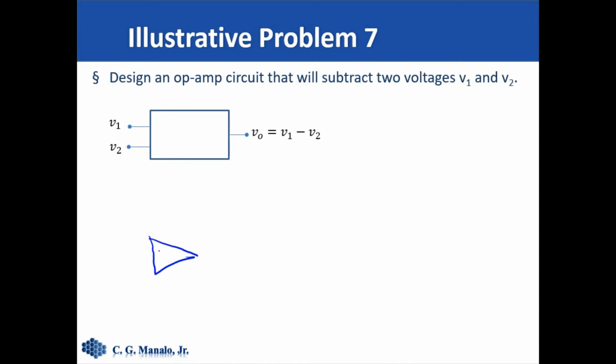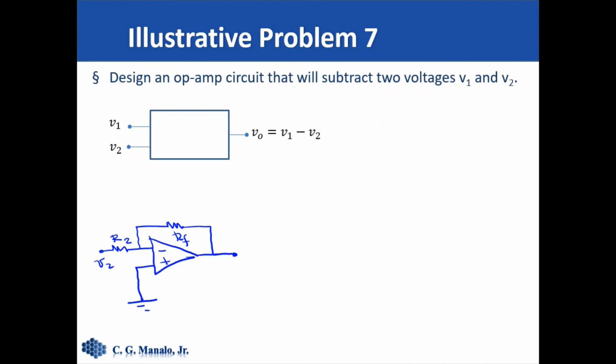So this is negative, plus, and this is on ground. This will be our V sub 2. This will be R sub, let's call this R sub 2, and this is our feedback resistance. So we call this R sub F.